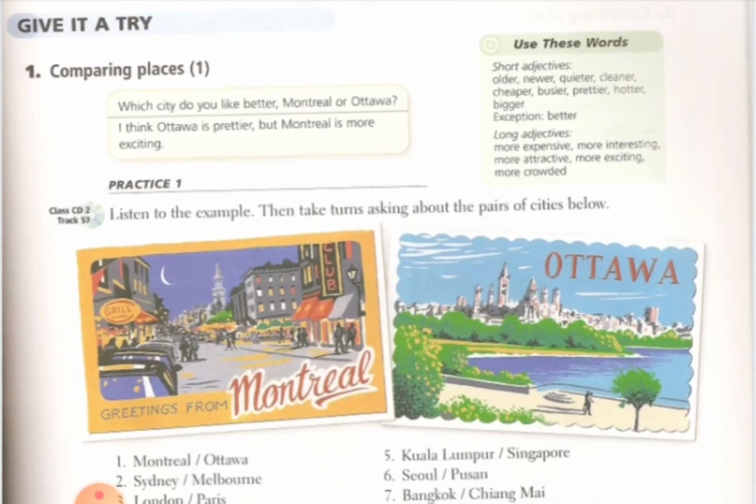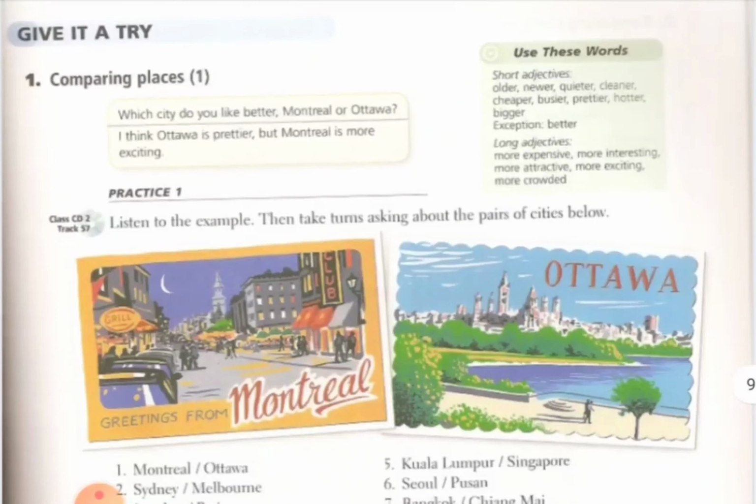Okay, we have more exciting, we add more for the comparative degree with the adjective exciting, because, as I told you, this word is not a monosyllabic word, so we have to use more. Unlike pretty, which is a monosyllabic word, we use the er to make the comparative degree.